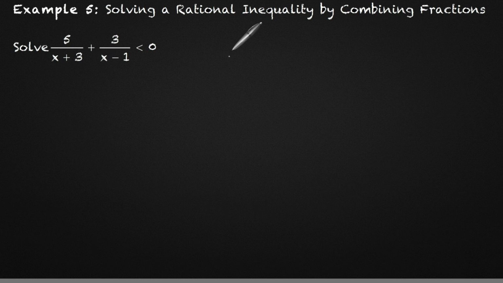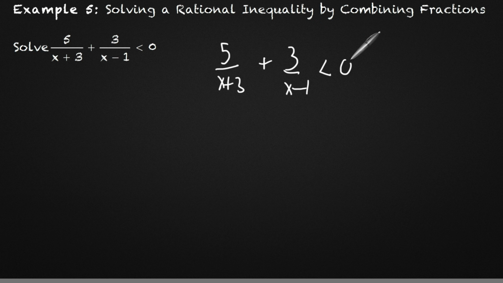All right, so if we have 5 over x plus 3 and then plus 3 over x minus 1. Anytime you have an inequality symbol, you need to get a common denominator. So we're going to multiply the top and bottom by x minus 1, and then we're going to multiply the top and bottom here by x plus 3.